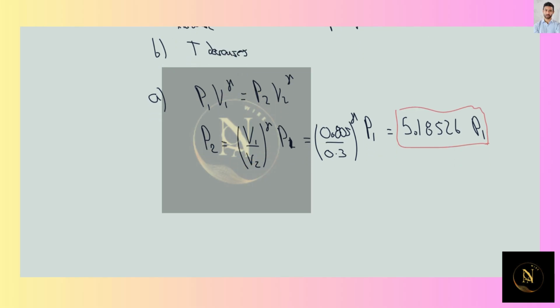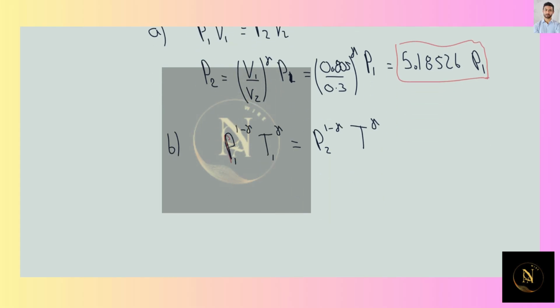for part B, we're going to get that pressure to the 1 minus gamma times temperature to the gamma is going to be equal to pressure 2 to the 1 minus gamma times temperature 2 to the gamma. Thus, T2 to the gamma would be equal to P1 to the 1 minus gamma times T1 to the gamma over P2 to the 1 minus gamma.